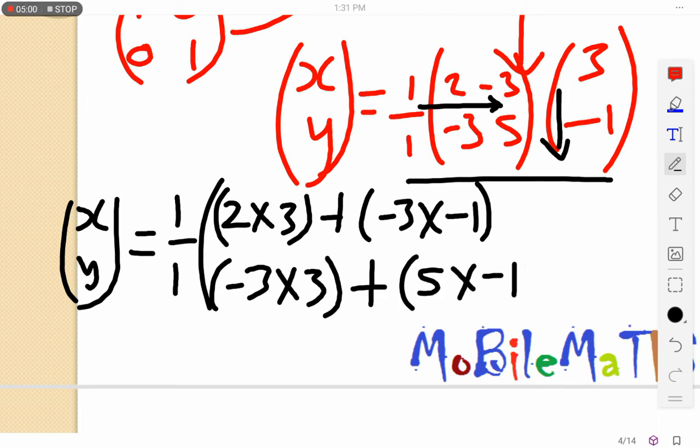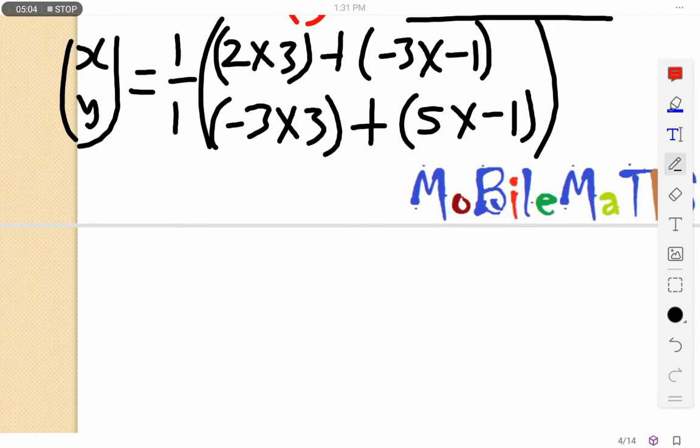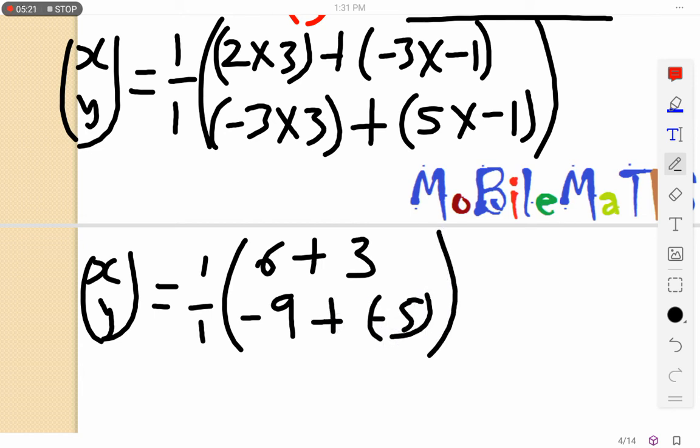Simplifying that, I get x, y is equal to 1 over 1 times 6 plus 3, then minus 9 plus minus 5. When we have a minus and a minus, we get a positive.